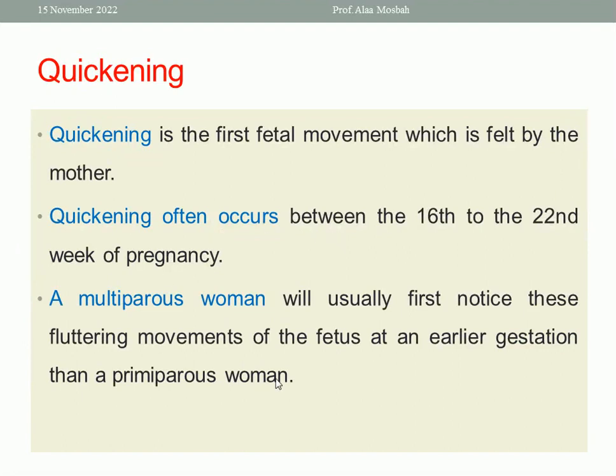And it is earlier in multiparous than primigravida, because multiparous has an experience. She can feel the fetal movement earlier, between 16 to 18 weeks, while the primigravida can feel it usually between 18 to 20 or 22.